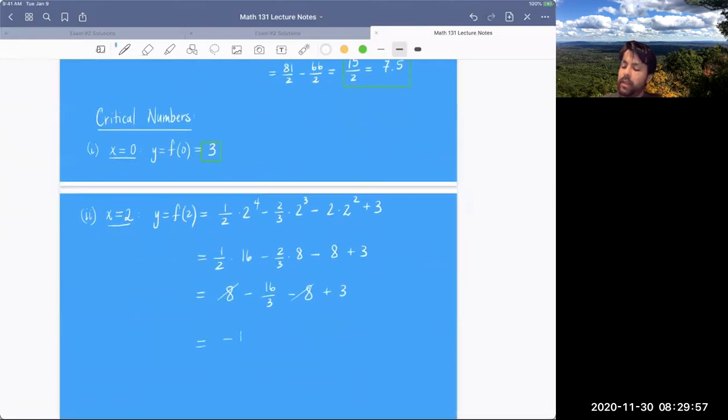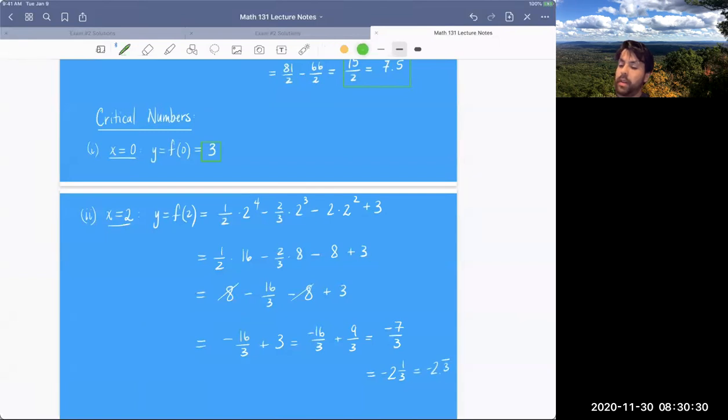And I get negative 16 over 3 plus 3. Negative 16 over 3, I can write this as negative 16 over 3 plus 9 over 3. And what do I get? I get negative 7/3, which is the same thing as saying negative 2 and 1/3, which is the same thing as saying negative 2.3 repeating.